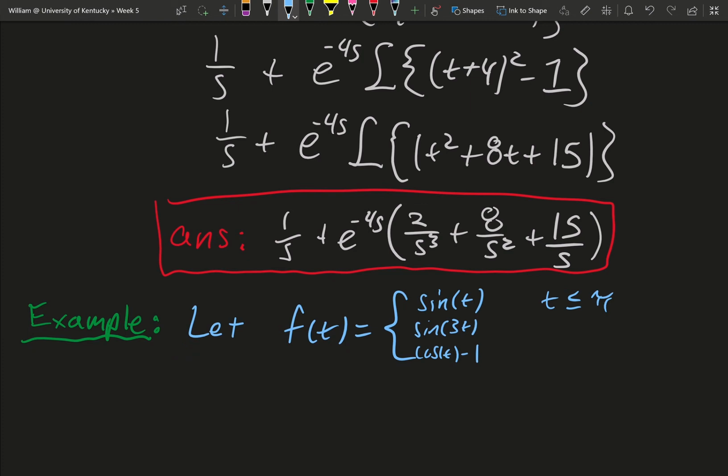If we're in between pi and 4 pi, then it's equal to sine of 3t. And if we are greater than 4 pi, then it's equal to cosine of t minus 1.